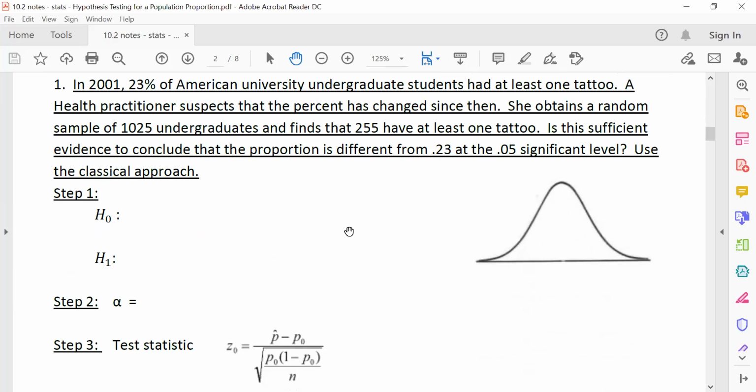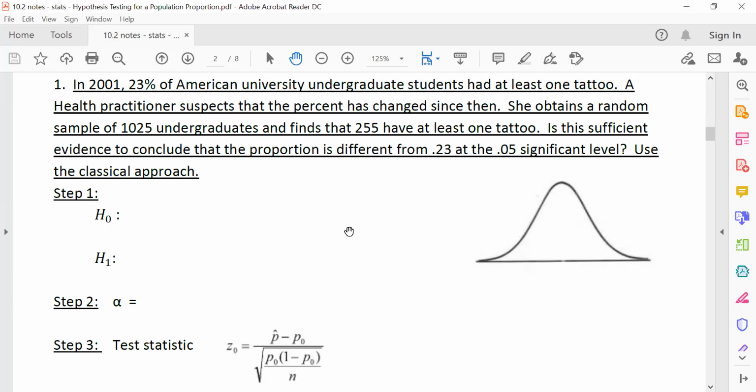Okay, so let's actually run a hypothesis test for a population proportion. Let's see what it actually looks like. In 2001, 23% of American university undergraduate students had at least one tattoo. A health practitioner suspects that the percent has changed since then.